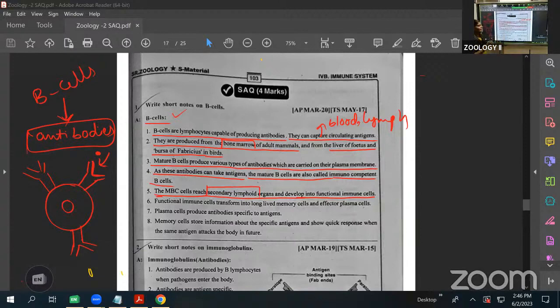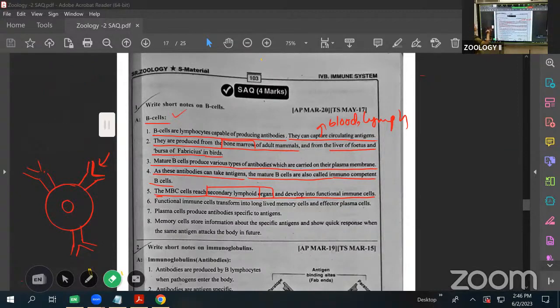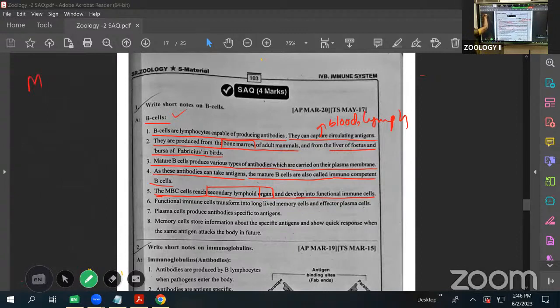These are called secondary lymphoid organs. The mature B cells go to the secondary lymphoid organs.